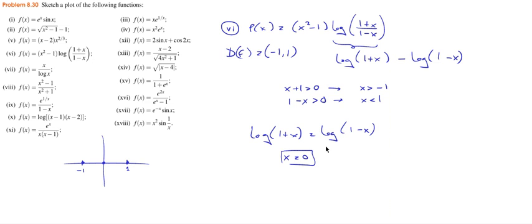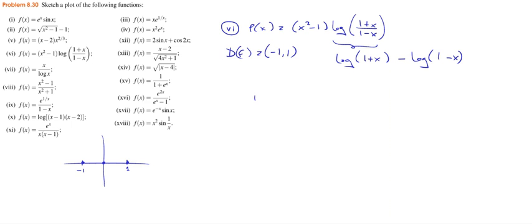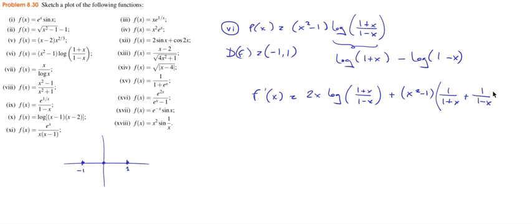And then let's see what else. The derivative of this function is going to be first 2x times the logarithm of this, and then we have the derivative of the logarithm, so plus (x squared minus 1) times (1 over 1 plus x plus 1 over 1 minus x), because the derivative of the second is minus 1 over 1 minus x.